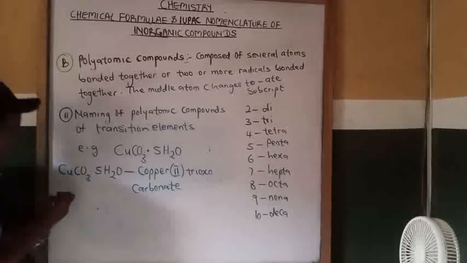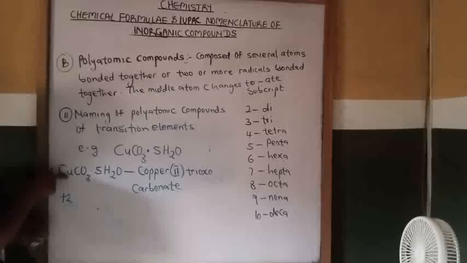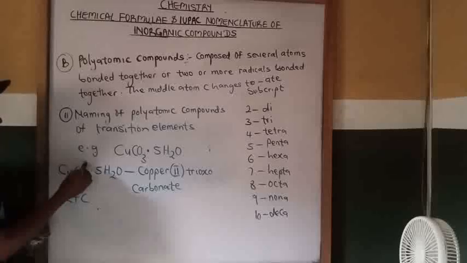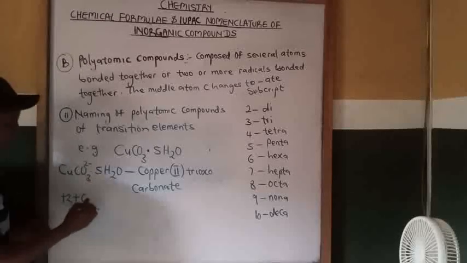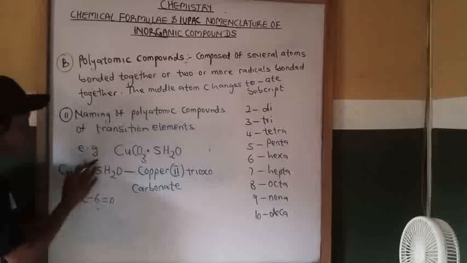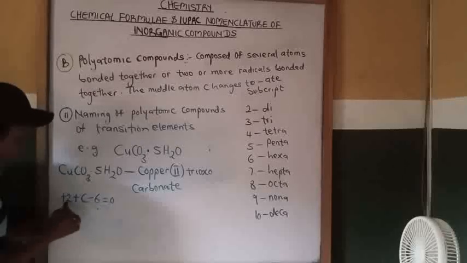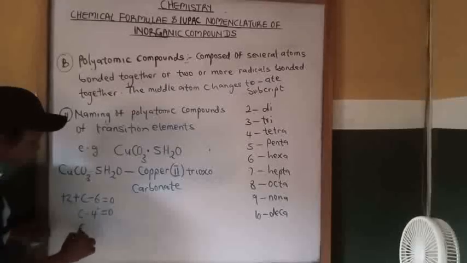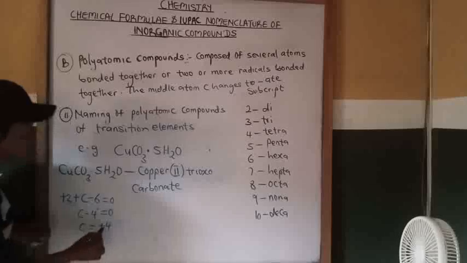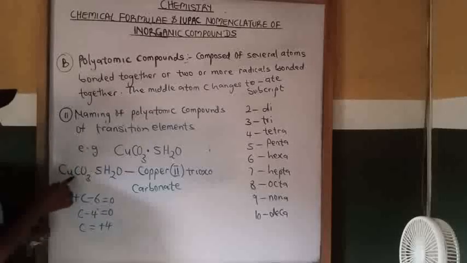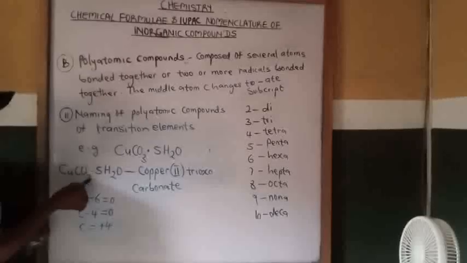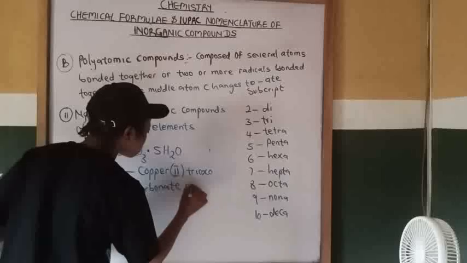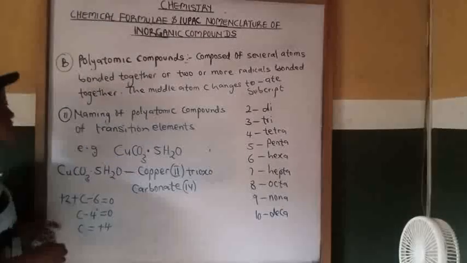The charge on copper is plus 2, our carbon is unknown, the charge on oxygen is minus 2. Minus 2 times 3 gives minus 6. Plus 2 minus 6 gives minus 4 equal to 0, so C equals plus 4. The oxidation number of carbon in this compound is 4, so we call it carbonate 4.